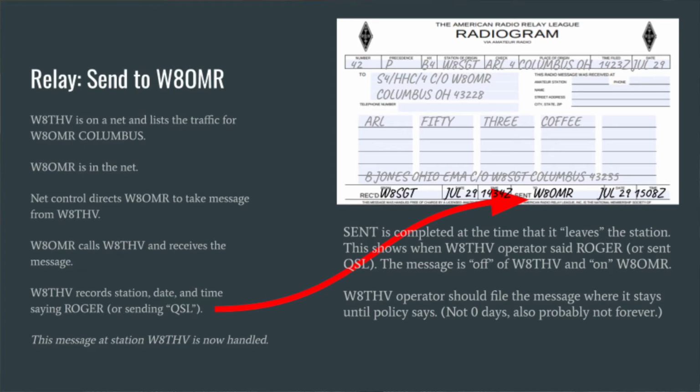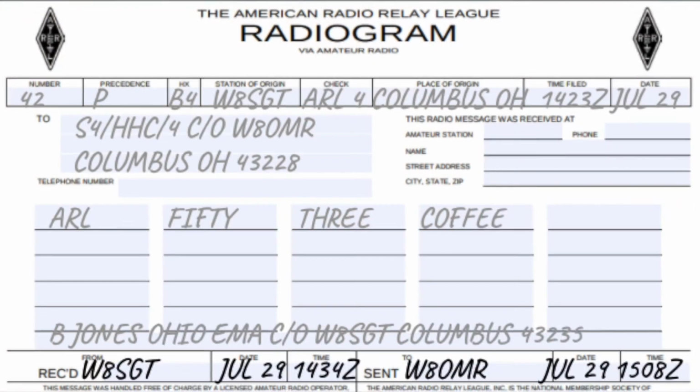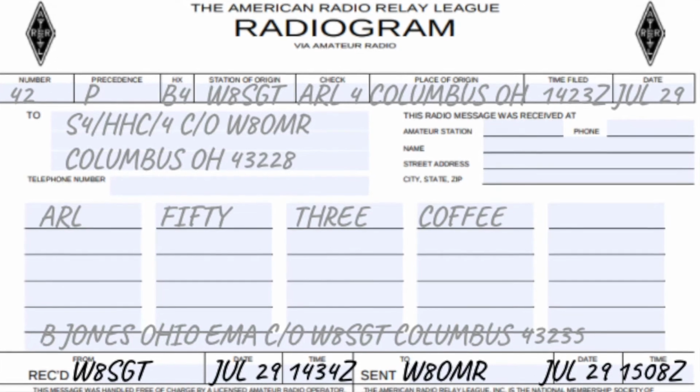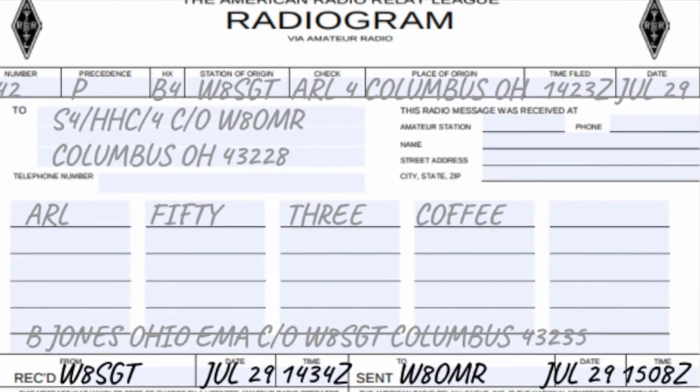W8THV will send the message as directed, and in the bottom right will record the station, date, and time of the transmission. That is to say, the station that received the message, we have the call sign, and the date and time that the receiving station said Roger or sent QSL is recorded in the bottom right. The message is now handled from the perspective of W8THV.